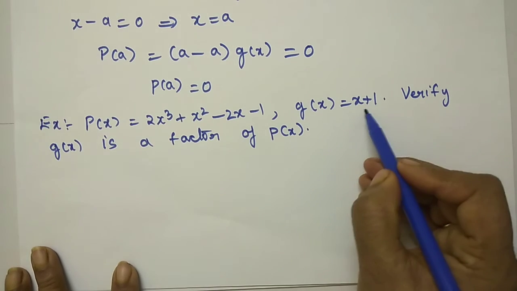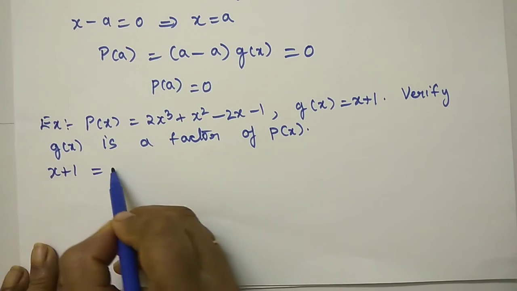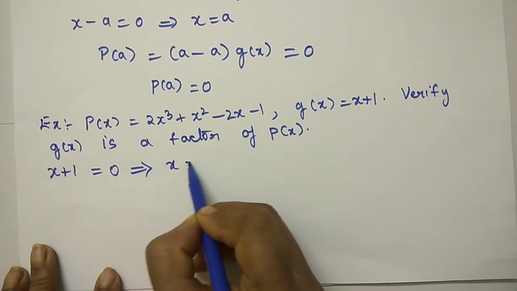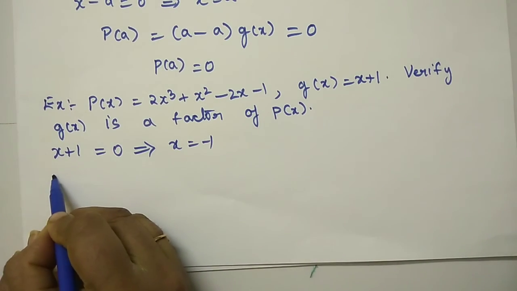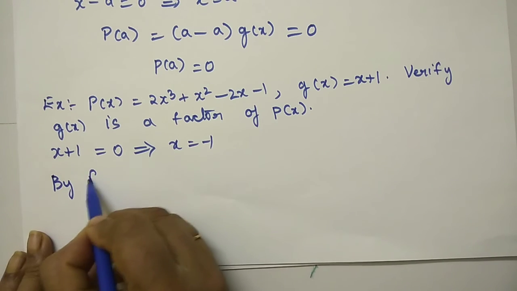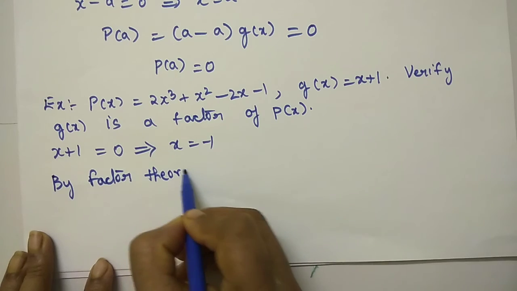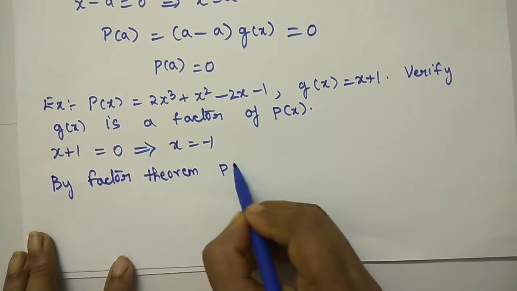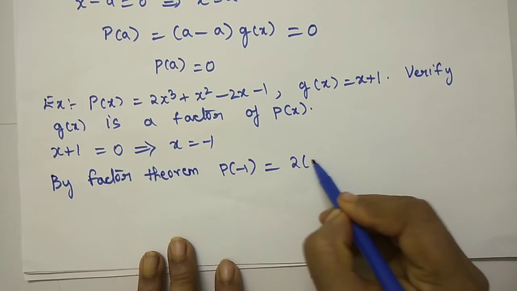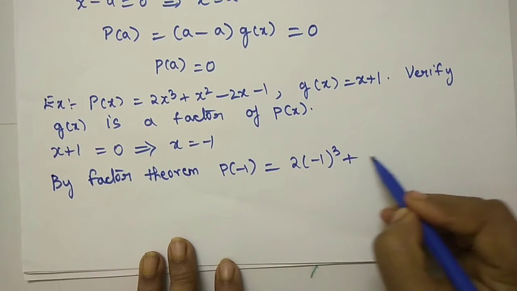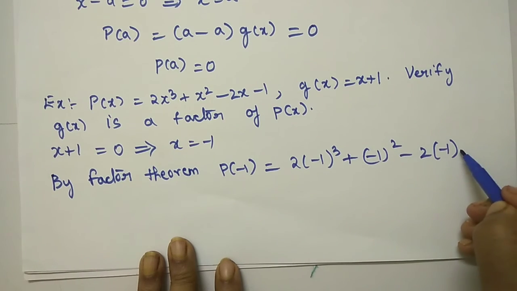As it is a linear polynomial, we can get the value by setting x plus 1 equal to 0. You will get x is equal to minus 1. Now substitute the value of minus 1 in P of x. By the factor theorem, P of minus 1 is equal to 2 into minus 1 whole cube plus minus 1 whole square minus 2 of minus 1 minus 1.